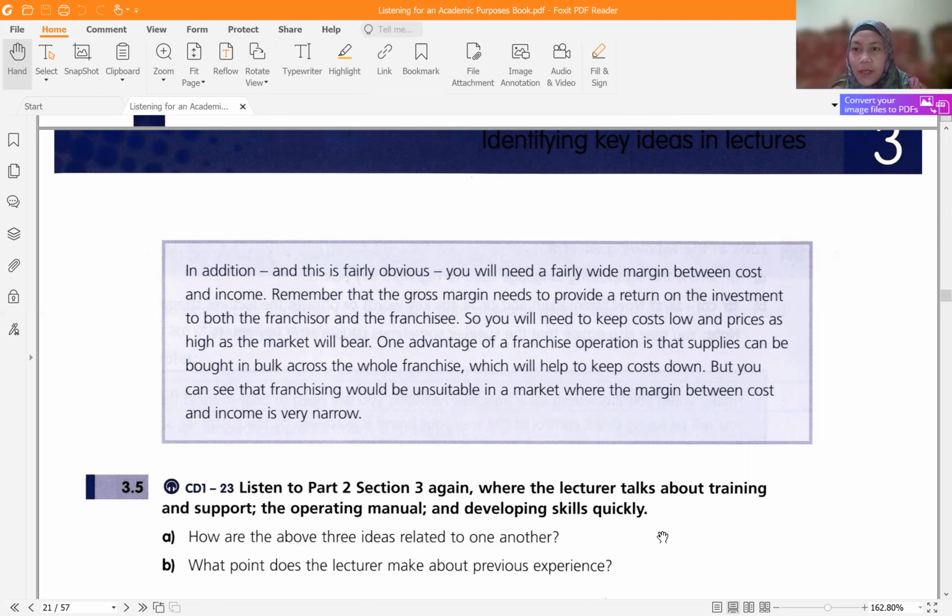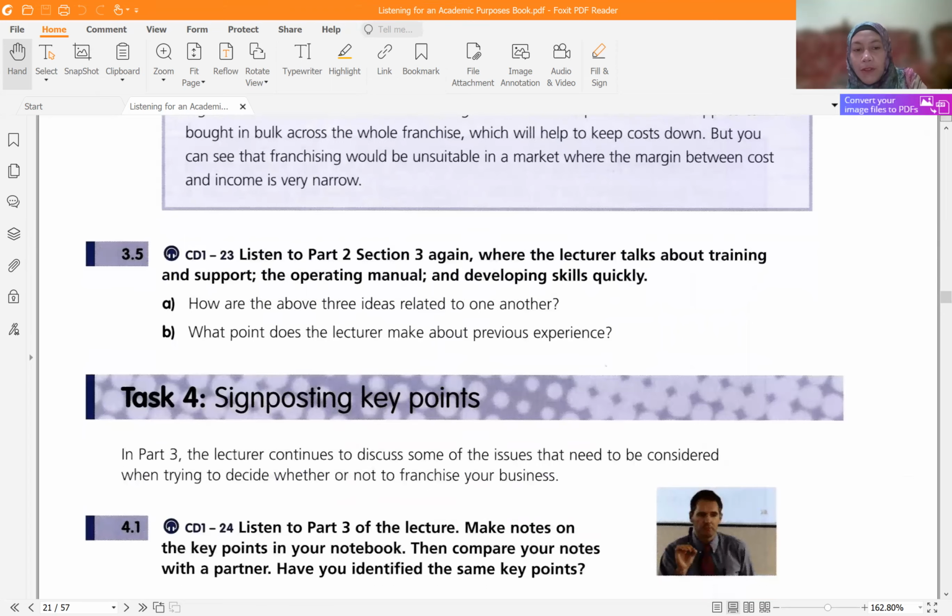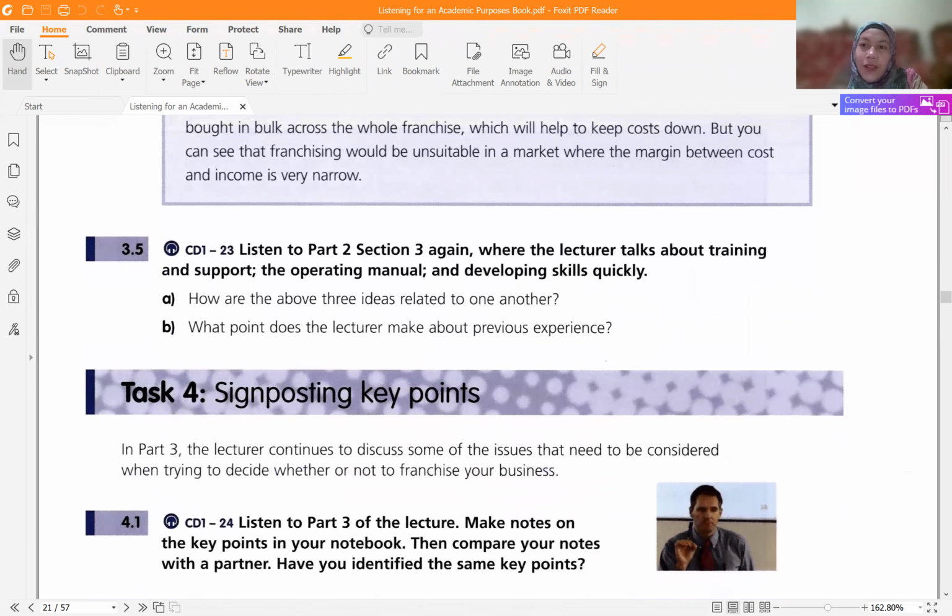It's already very clear that you are going to answer some questions provided in Unit 3 from Task 2 and Task 3. Meanwhile, Task 4, we are going to do next week.